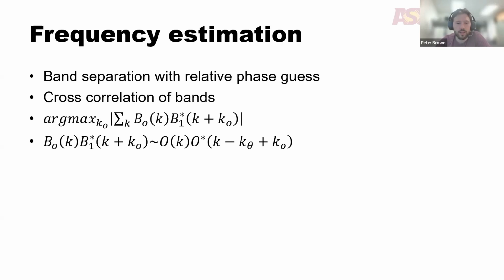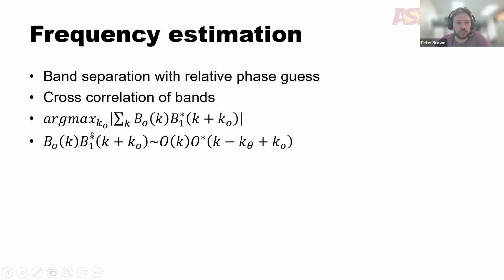So assuming that you have an estimate for these, you do the unmixing of the bands, and then you take a cross correlation of your unshifted band with your shifted band, and you look for the maximum shift frequency in this cross correlation. You can do this efficiently with a fast Fourier transform, so this is a pretty easy algorithm to run.